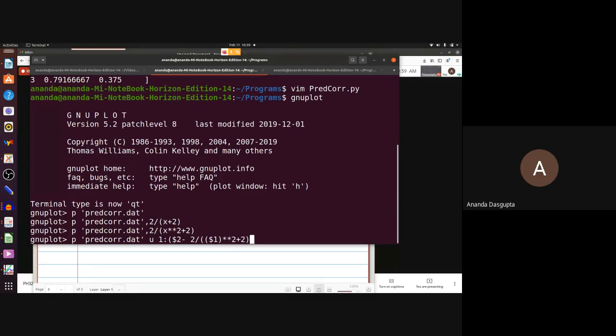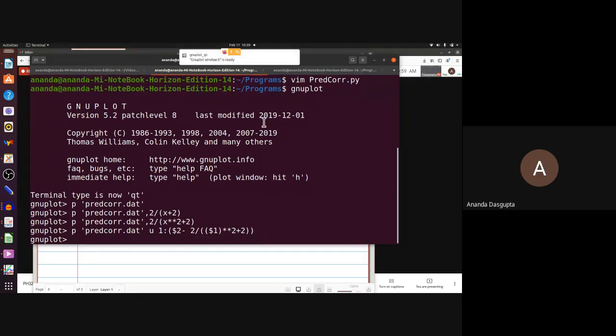All I'm doing is saying use the data in the first column, that is, of course, the t values. And use this expression: take the data in the second column, subtract from it 2 by square of the data in the first column plus 2. So this is just 2 by t square plus 2 that I've calculated. Let's see what the error really is like.